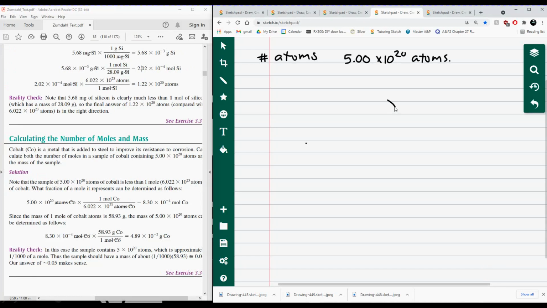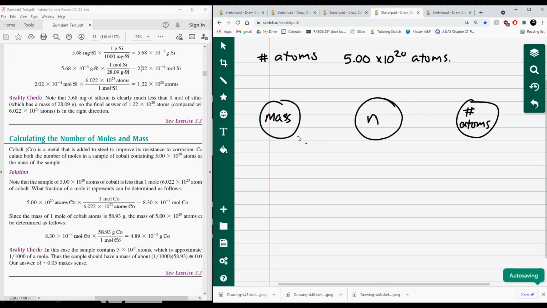Our chart from before, we have N, which represents moles in the middle, and we have number of atoms, and we have mass. Now recall that anything that essentially goes towards the number of moles, we must divide by a certain quantity. So for mass, we have to divide by the molar mass, which I'll indicate with a capital M. Those are the atomic masses that are provided in the periodic table. In order to go from number of atoms to number of moles, we have to divide by Avogadro's number, 6.022 times 10 to the 23rd.